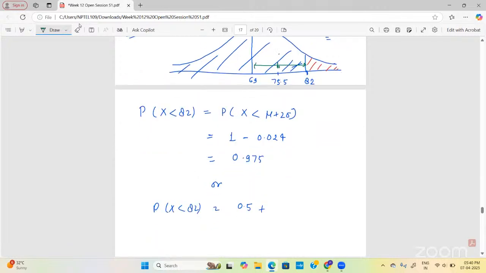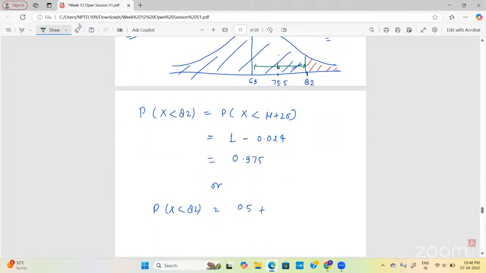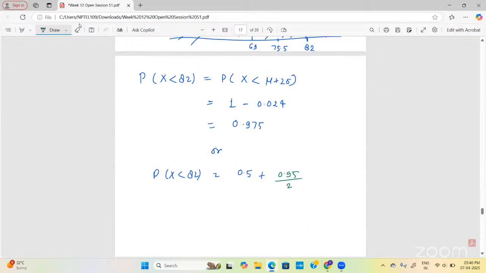Okay, so you can see in this way also that it is half of 0.995. Do you agree with this?